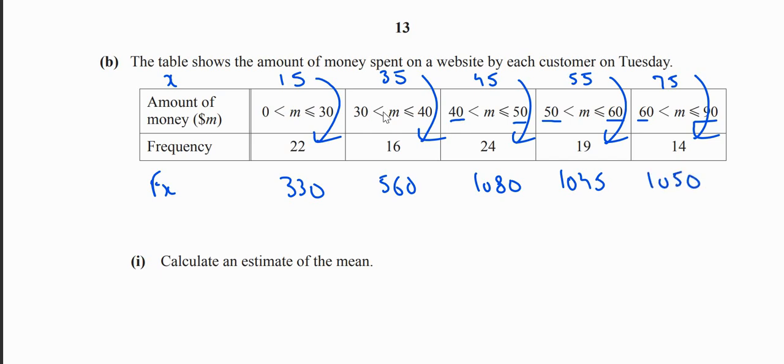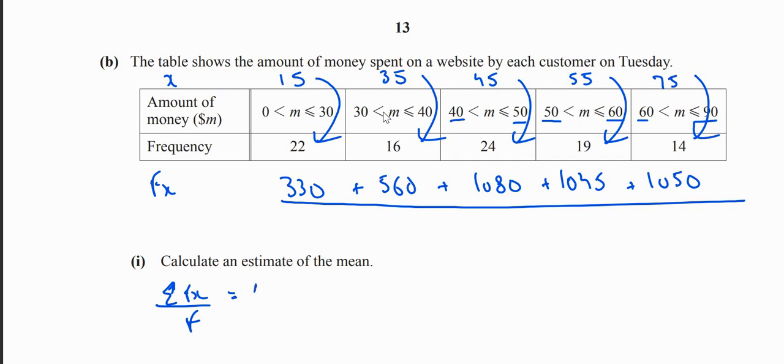You will now add all of these numbers. Why? Because the formula for mean is sigma fx upon sigma f. So when we add all of these numbers, we get 4065, and we divide it with the sum of frequencies. So 22 plus 16 plus 24 plus 19 plus 14. Let's add them.